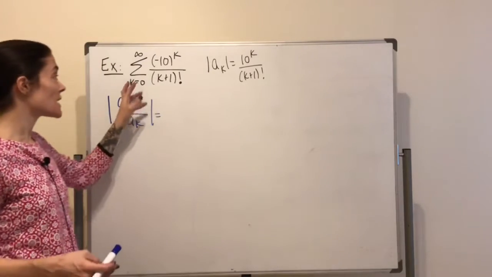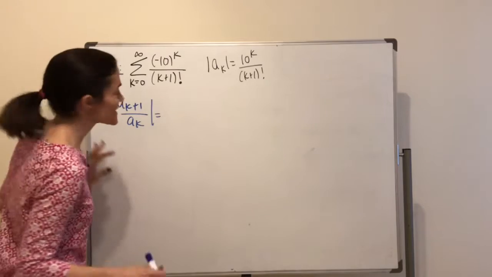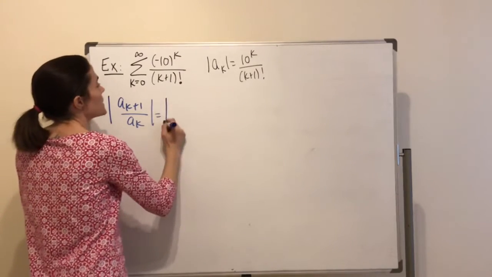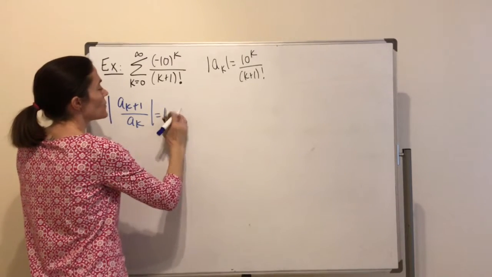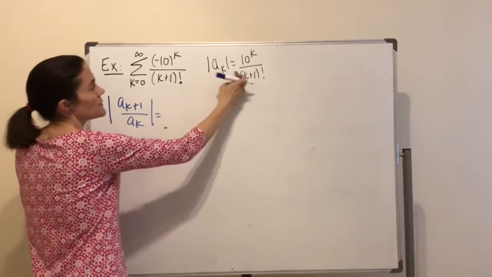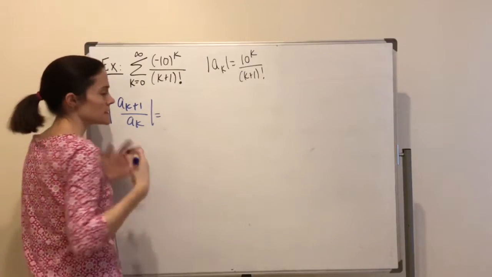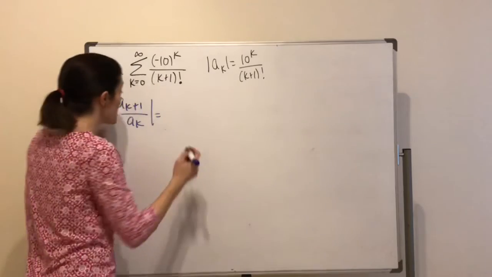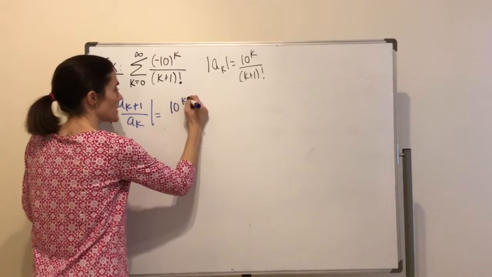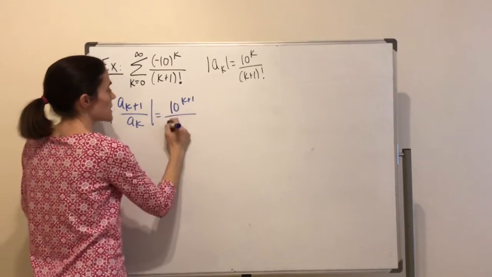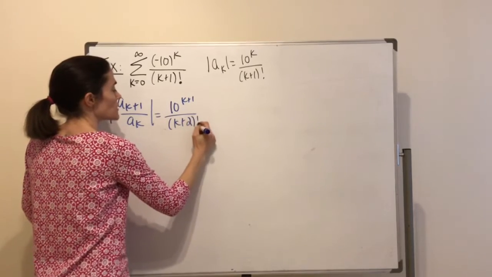I don't have to check with an alternating series test, for example. Well, in absolute value, the minus 1 to the k part becomes a positive 1. So this is 10 to the k plus 1 over k plus 2 factorial.